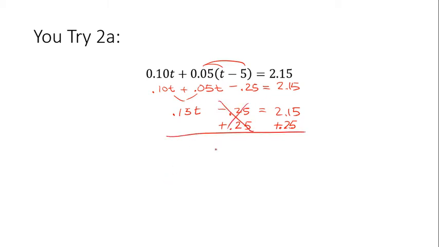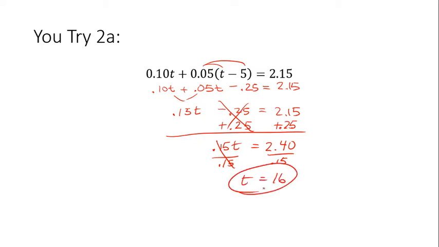That's going to cancel and leave me with 0.15t equals 2.40. Then I simply divide both sides by 0.15 to get t is equal to 16. Excellent. Feel free to rewatch this part if you didn't get t equals 16.